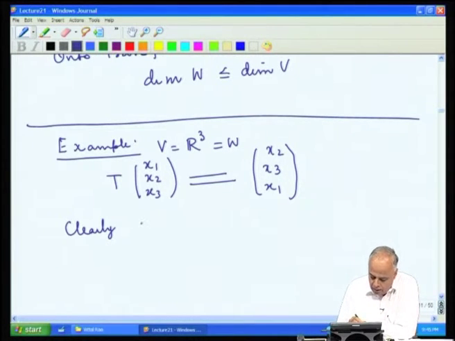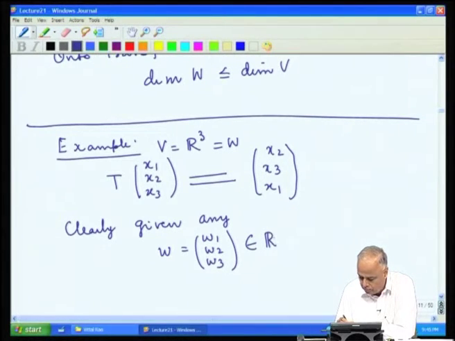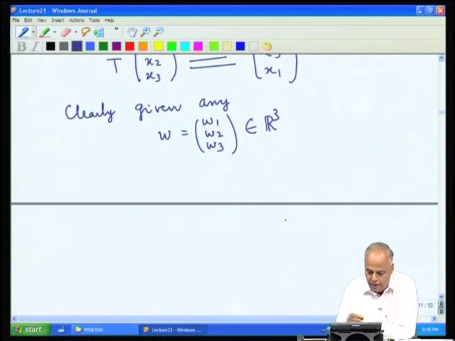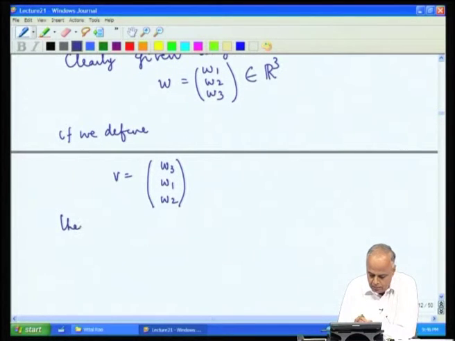So, clearly given any w equal to w 1, w 2, w 3 in R 3, if we define v equal to w 3, w 1, w 2, then we get T of v.